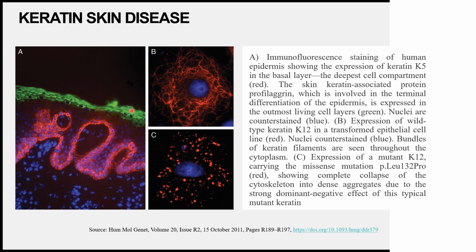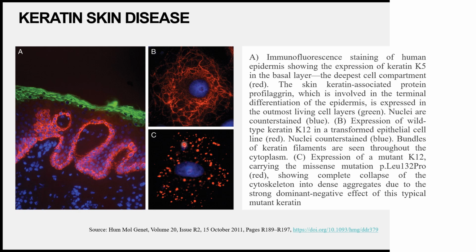Now let's look at picture B. In picture B, this is the expression of K12 keratin in the epithelial cell line. So whatever red network you see is keratin K12 expression. And in picture C, you can see that this is a mutant, meaning the K12 keratin here is mutated.